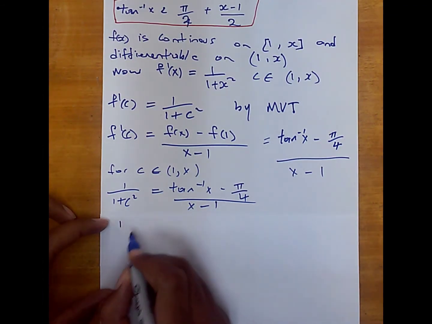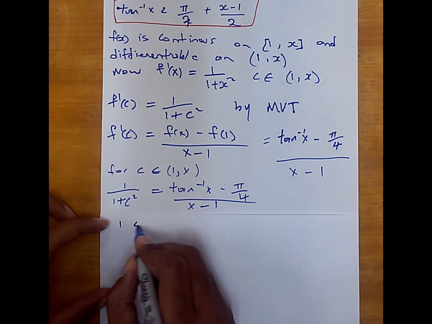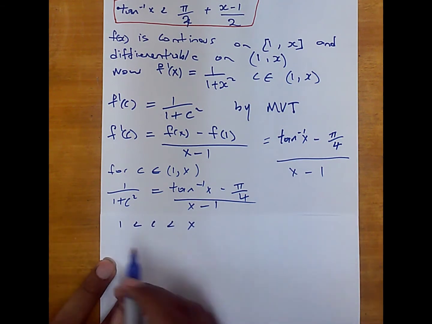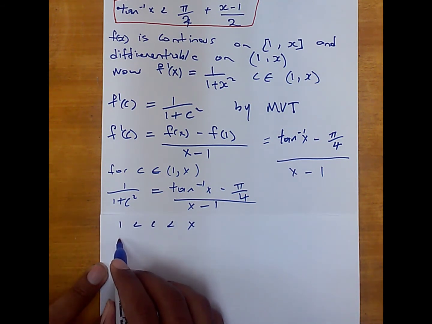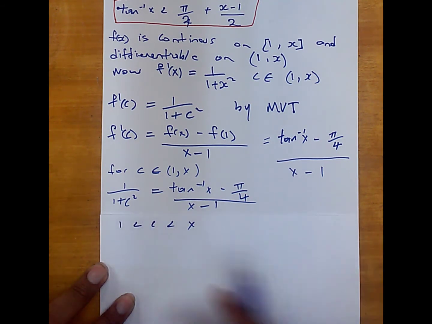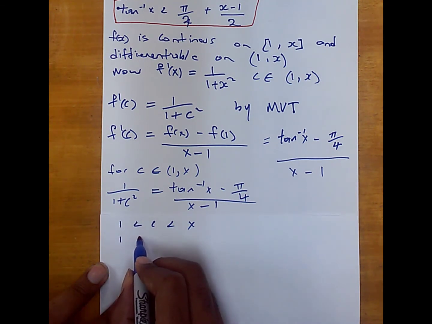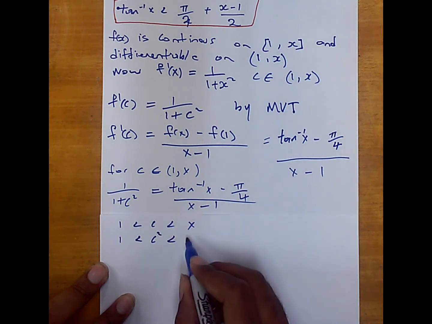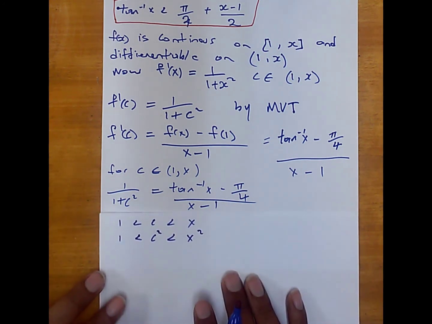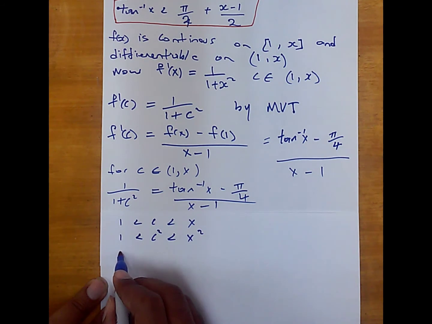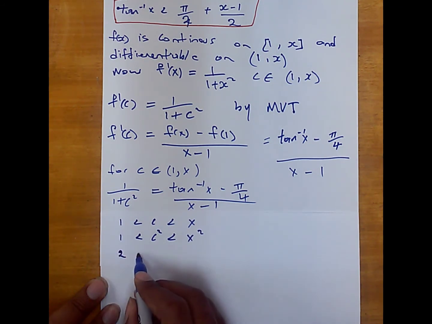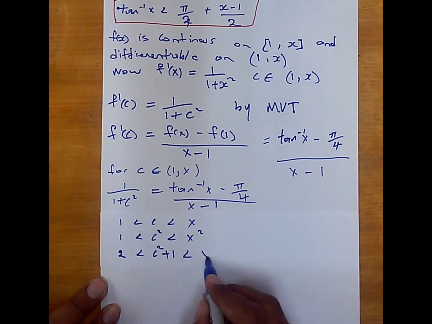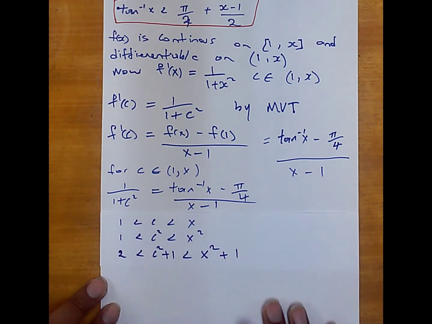And for the interval 1 is less than c is less than x, let's square each term. We have 1 squared is just 1, less than c squared less than x squared. And if we add 1, we have 1 plus 1 is just 2 is less than c squared plus 1 is less than x squared plus 1.